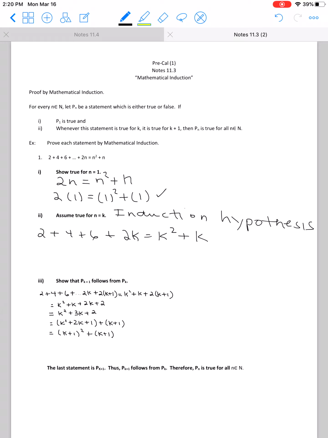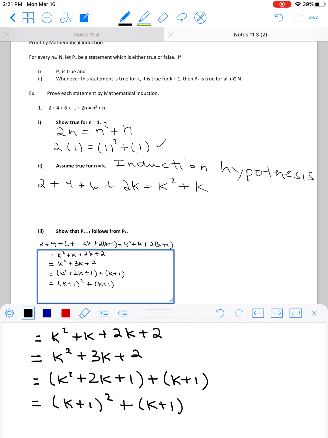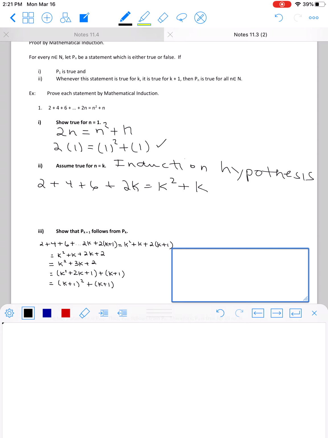Now, at the end of the day, this k squared plus k from the induction hypothesis transforms into k plus 1 quantity squared plus k plus 1.